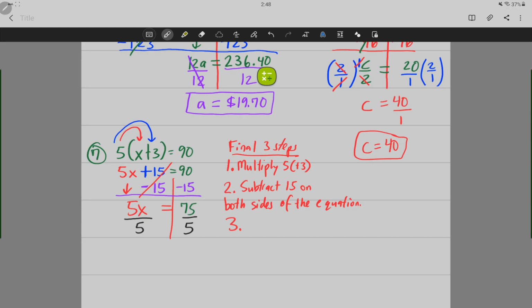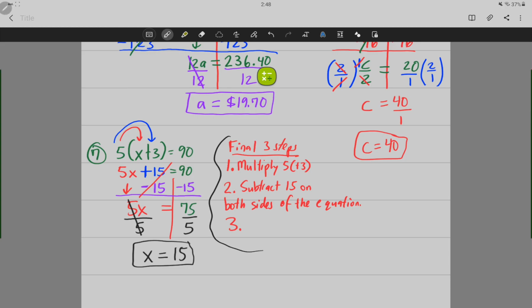And on the left side, 5 divided by itself is 1. Just cancel that. Bring down our x and equals, and 75 divided by 5 is 15. So x equals 15. So just remember, to answer this question, it's not asking for the answer, which is x equals 15, but it's asking for our final 3 steps.